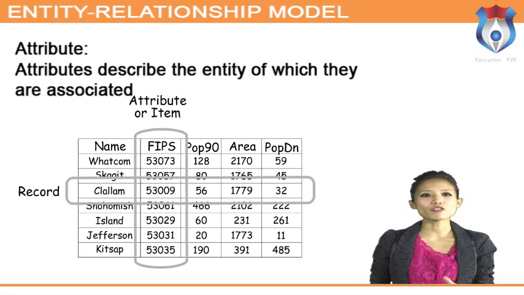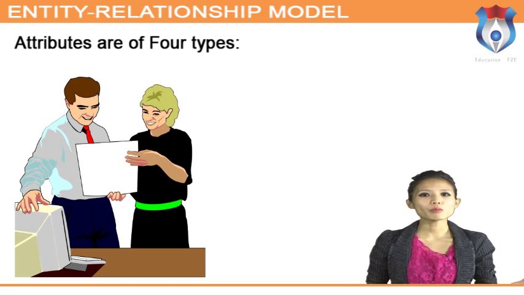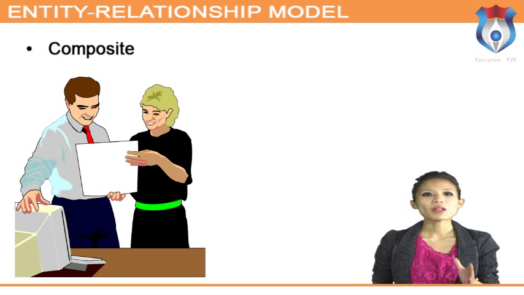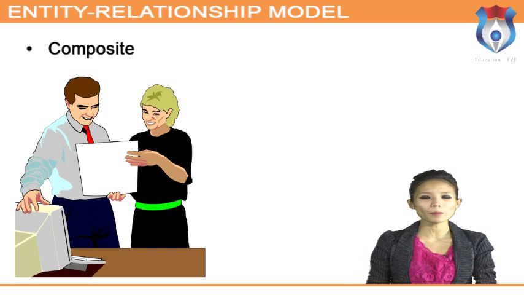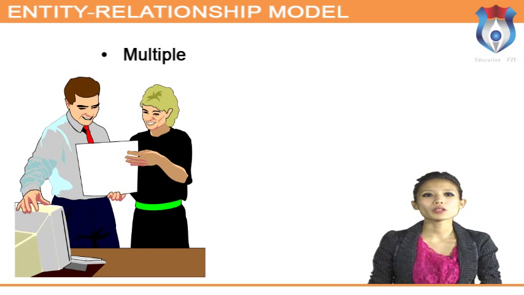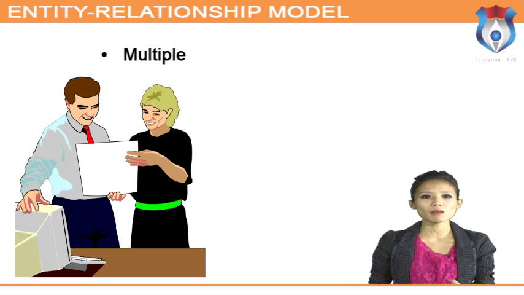The domain of an attribute is a collection of all possible values an attribute can have. The domain of name is a character string. Simple: attribute that is not divisible. Example, age. Composite: attribute composed of several simple attributes. Example, address: house number, street, district. Multiple: attribute with a set of possible values for the same entity.